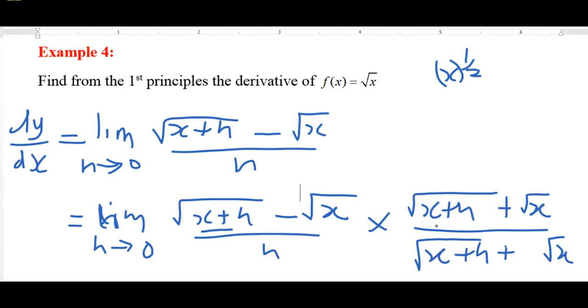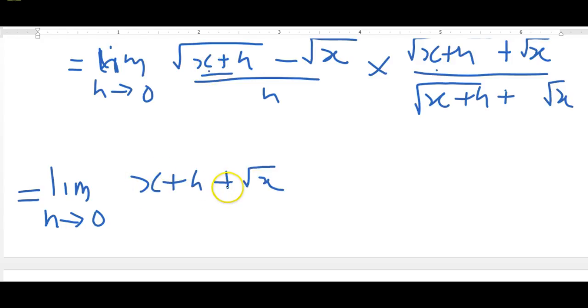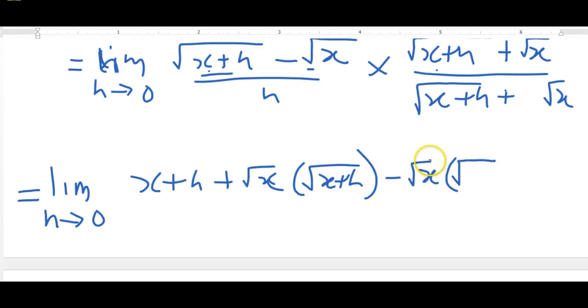Maybe let me go a little bit further to help you understand this aspect of the work. So limit as h approaches 0, this times this, they have the same root, so we can get x plus h. Then the same thing times that will give us square root of x times square root of x plus h. Then minus this times that will give us minus square root of x into bracket square root of x plus h.